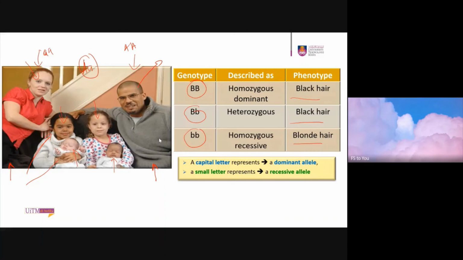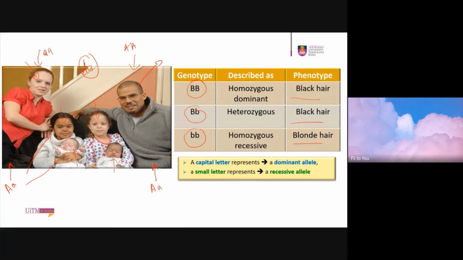Maybe mak dia dalam keadaan heterozygous for certain genes, bapak dia pun heterozygous for certain genes. Mak dia ada recessive allele juga, ada dominant allele juga. Bapak dia pun ada recessive allele juga.